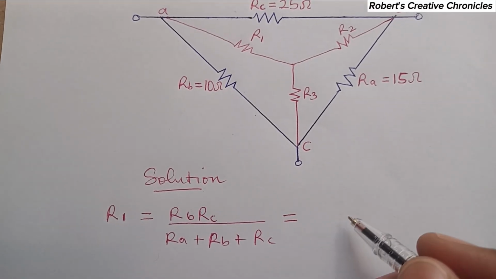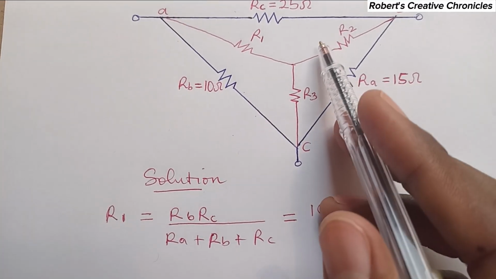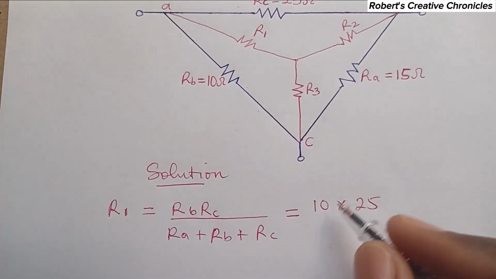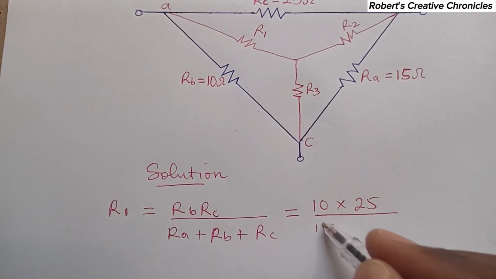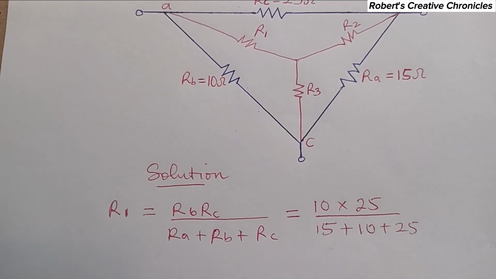Now what is RB? RB is 10, times what's RC? RC is 25, over, then RA is what? RA is 15 plus 10 plus 25.